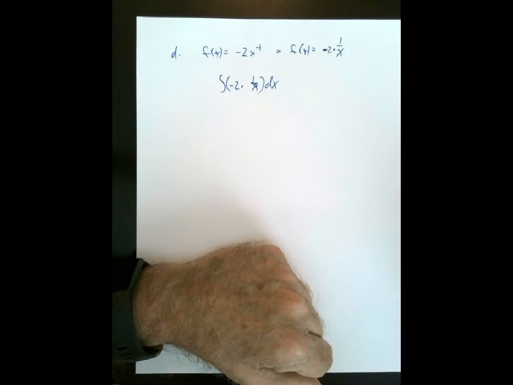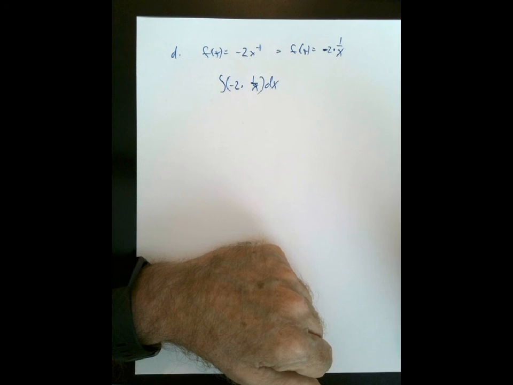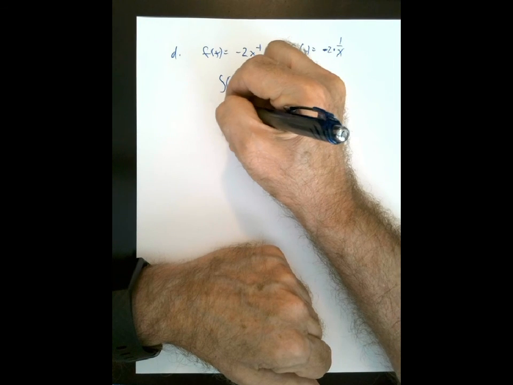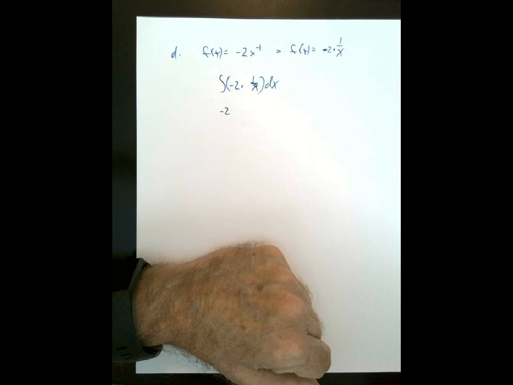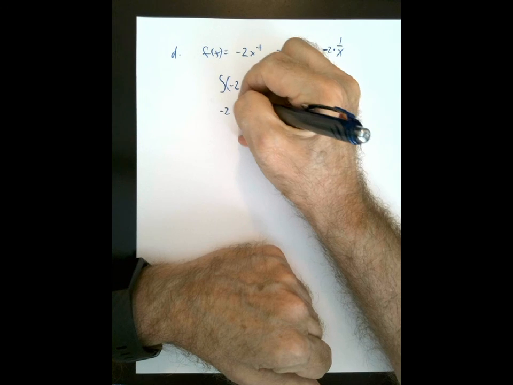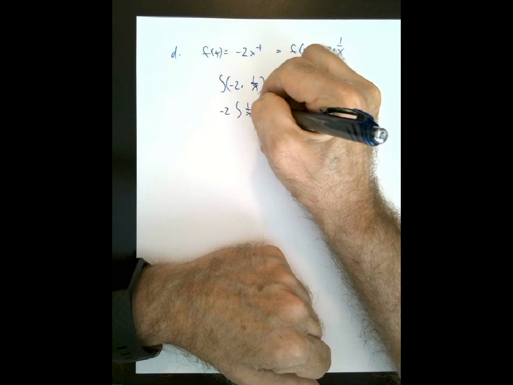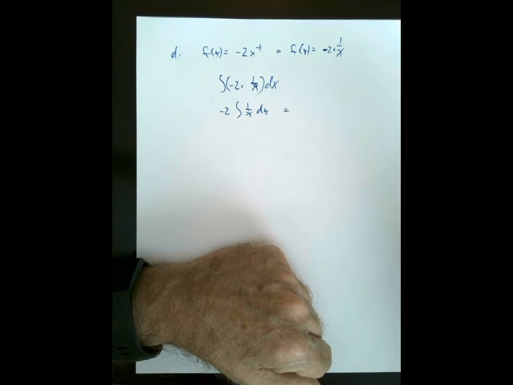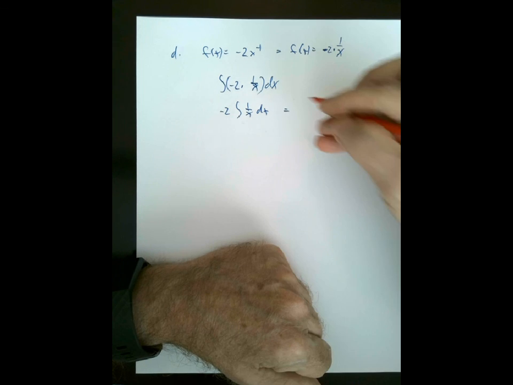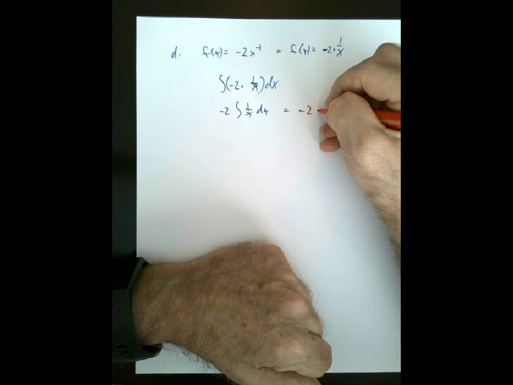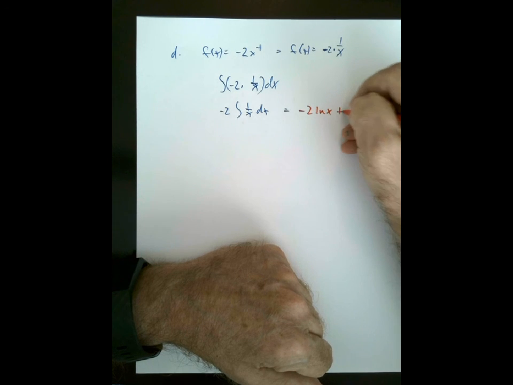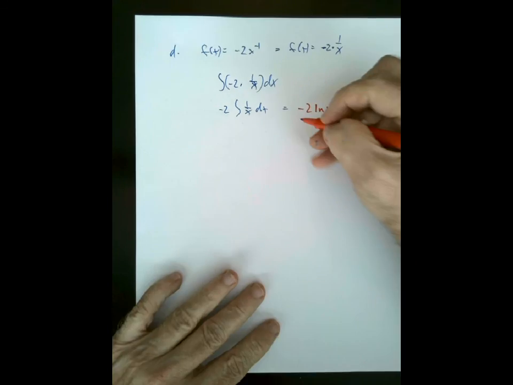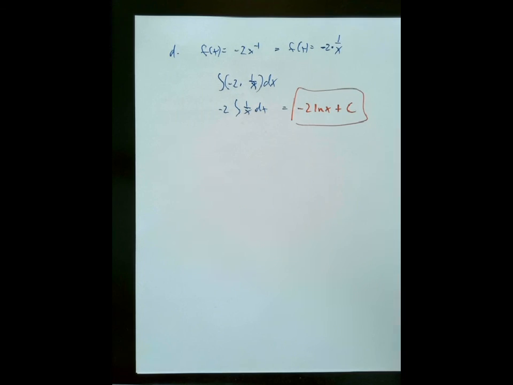Negative 2 comes out front, 1 over x dx, which is negative 2 times ln x plus c. And that's our answer right there. Okay, so that's how that goes.